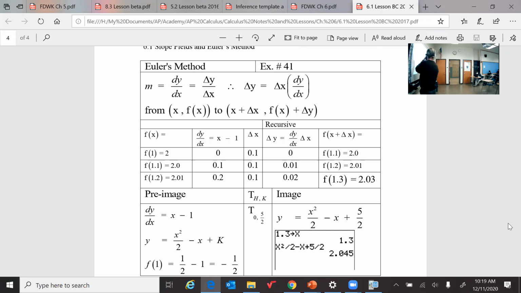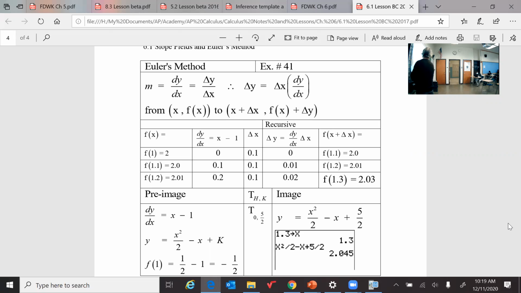Now the derivative is based upon x. 1.1 take away 1 is 0.1. 0.1 times delta x, 1/10, gives delta y of 1/100. I add that to my 2, and I get 2.01.